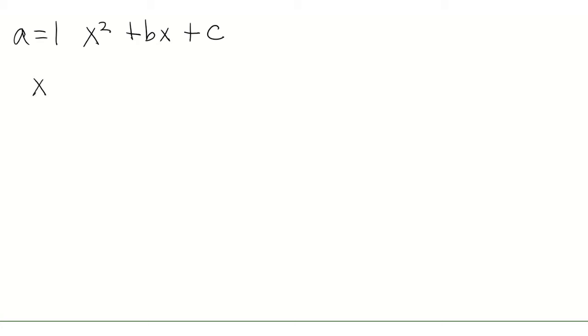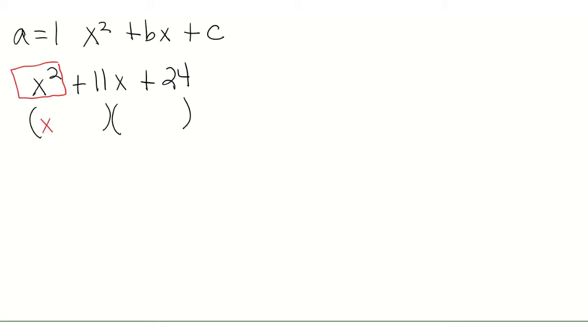Our first problem is x squared plus 11x plus 24. So when I break that down into a binomial, I'm going to start with my first term. That's going to give me an x and an x.